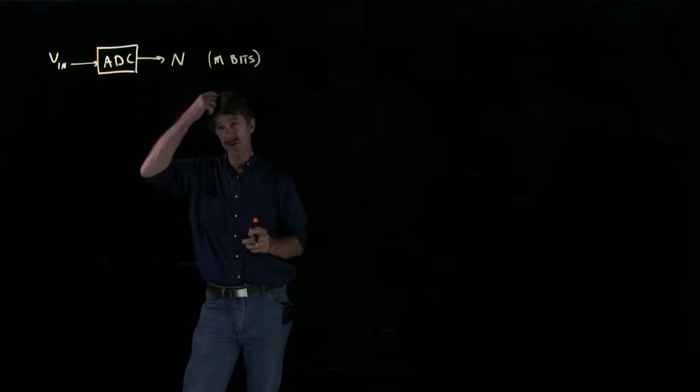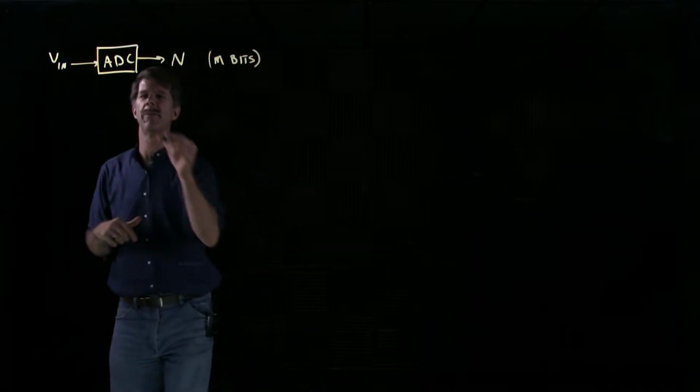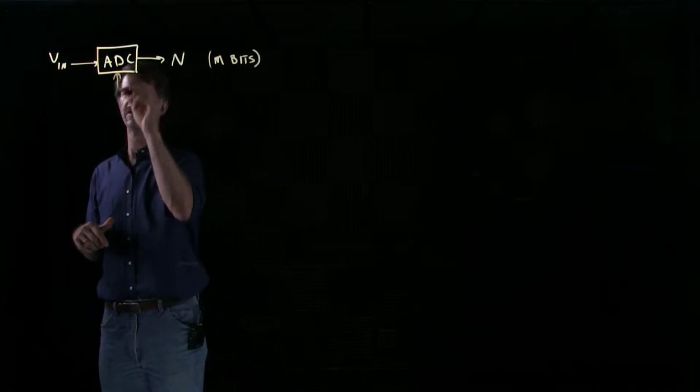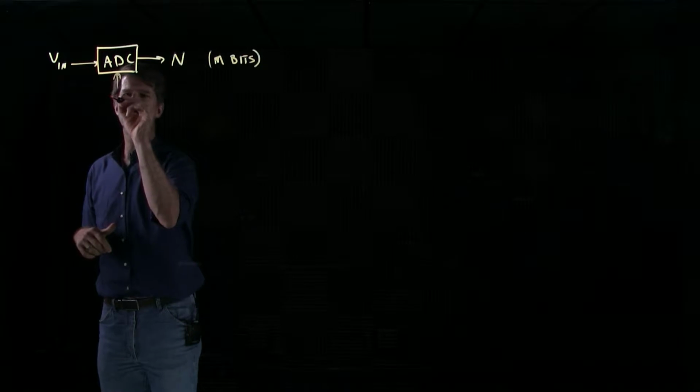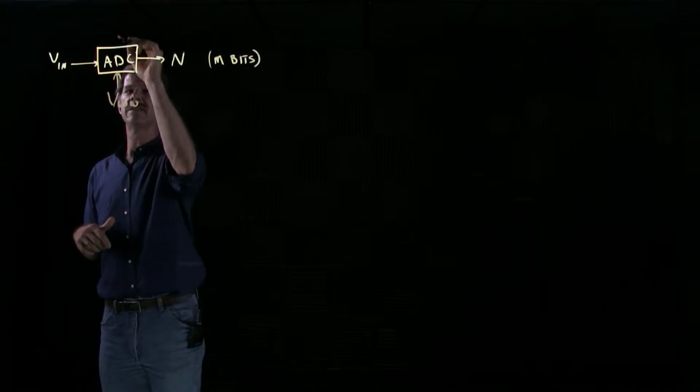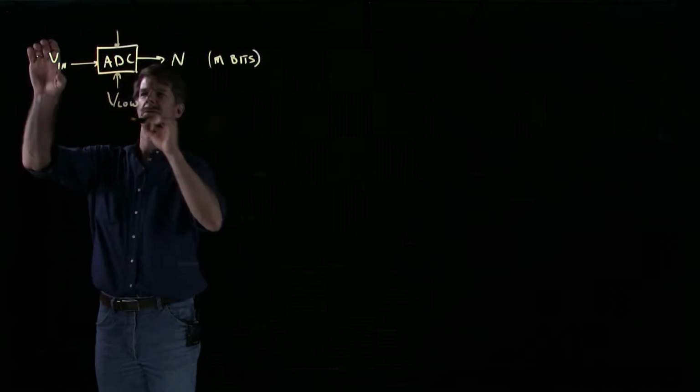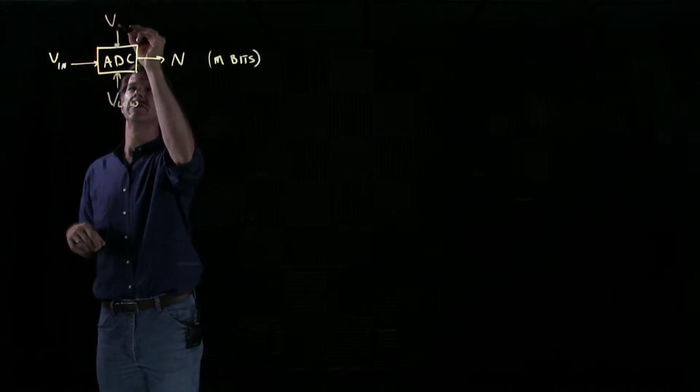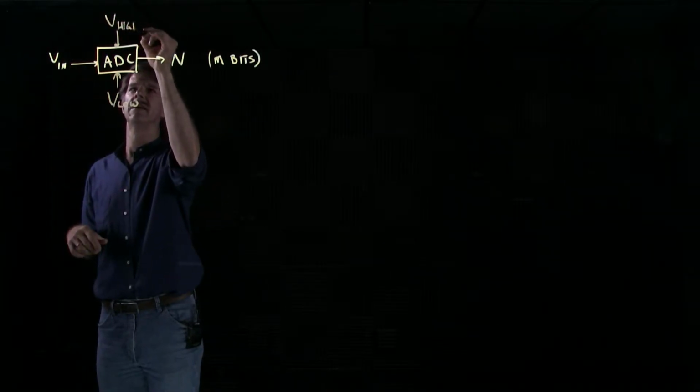It turns out there's two other inputs to this black box, if you'd like, so I'll draw them here. And this is V low and V high. This is going to bound the range that your input voltage can be.